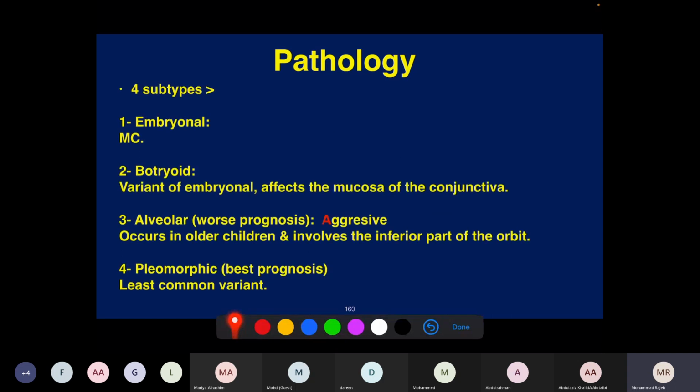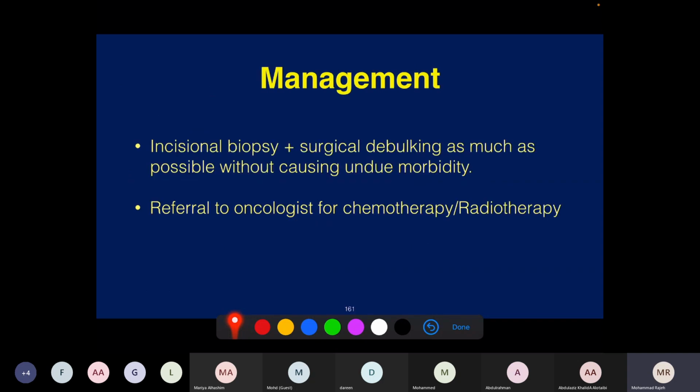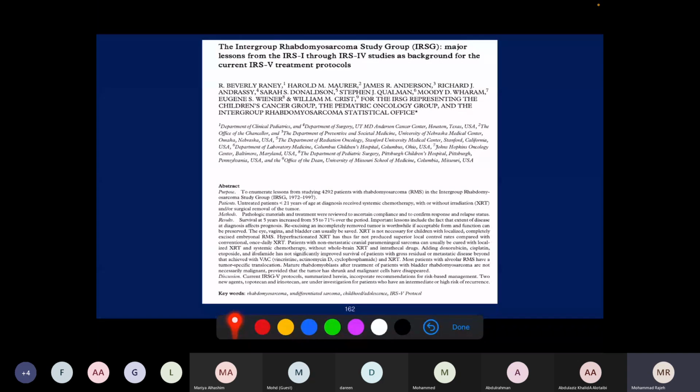Pathology is important. You may get asked in the oral. So alveolar is aggressive, it's the worst prognosis, and usually it's in the inferior orbit. So management briefly, incision biopsy, debulk without causing any structural damage or any morbidity to adjacent structure, and involvement of oncologist. You can read briefly about the Intergroup Rhabdomyosarcoma Study Group as a bonus question.